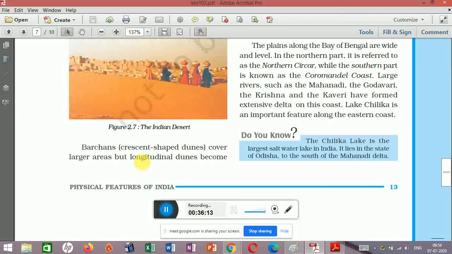So this word is derived from the people living in the Sahara desert. Saharan is not the meaning of Barsan. Barsan means crescent shape. We are borrowing this word from the people of Africa.